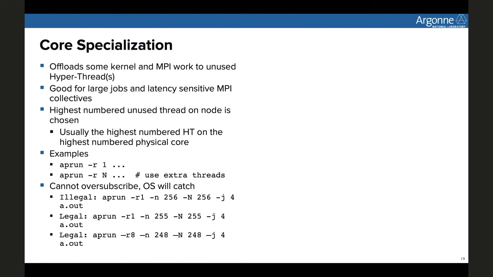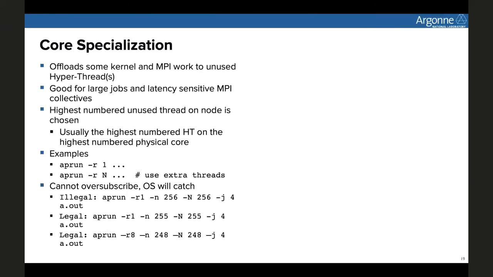Now core specialization. The compute node on Theta has 64 cores. The operating system also runs along with the applications on these cores. The noise from the operating system daemons could potentially influence application performance.